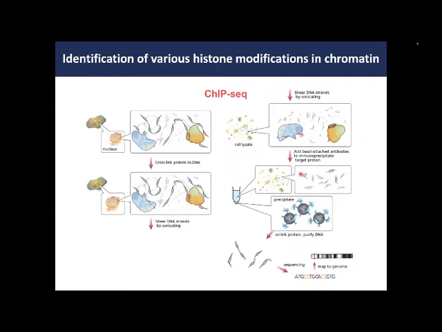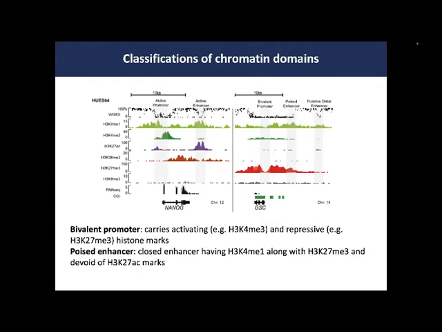A high-throughput sequencing library is generated from this DNA, and then we can sequence it and map it to the genome. After this ChIP-seq experiment, we can enrich the specific DNA sequences associated with a specific type of histone modification, because in this case we use the antibody against K4 monomethylation, and here K4 trimethylation or K27 acetylation antibody.